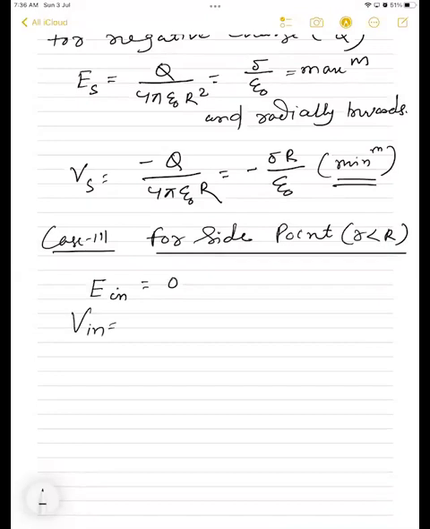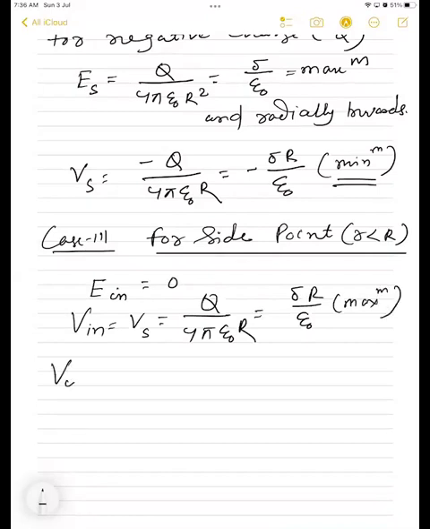So V inside is equal to V surface, that is Q by 4 pi epsilon naught into R, that is sigma R by epsilon naught, and that is maximum, right? So V in is equal to V surface is equal to minus Q by 4 pi epsilon naught into R for a negative charge, that is minus sigma R by epsilon naught, right?